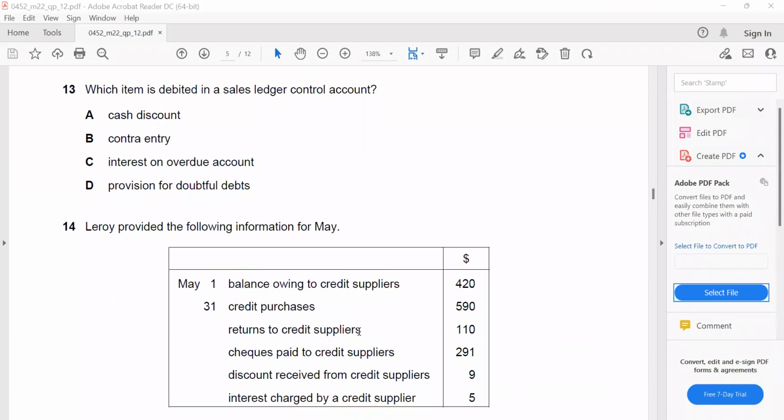Okay. Next question. Which item is debited in the sales ledger control account? Sales ledger control account. Cash discount. Cash discount refer in here is a discount allowed. So discount allowed is in here.